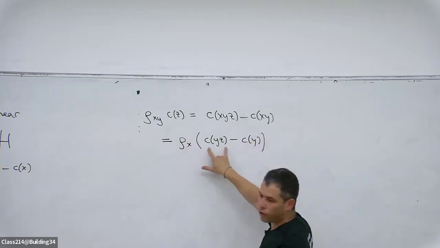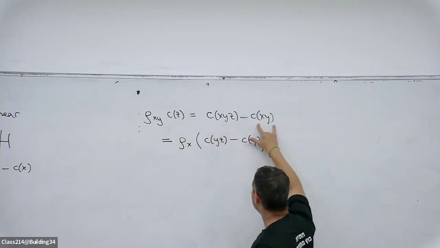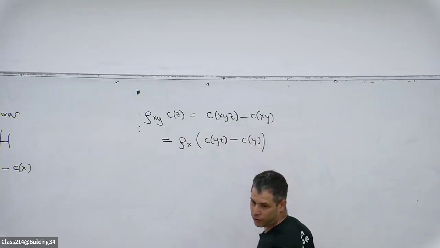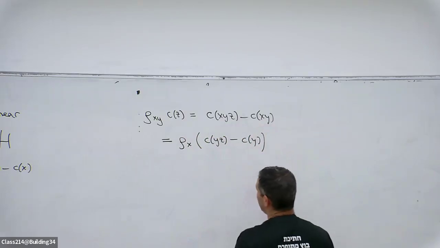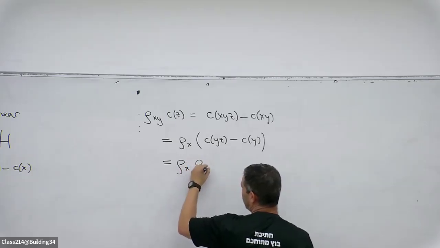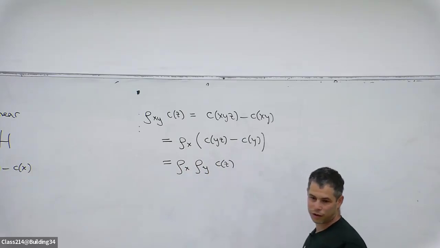When rho x acts on this, I will get c_xyz minus c_x. And when rho x acts on this, I get minus c_xy plus c_x. So the c_x's cancel. And then inside here, I have rho x acting on rho y acting on c of z. This is just the definition.